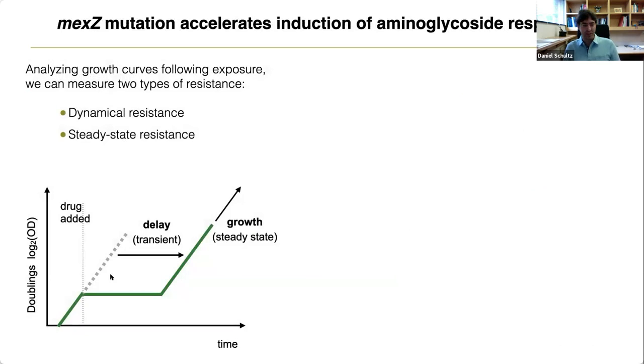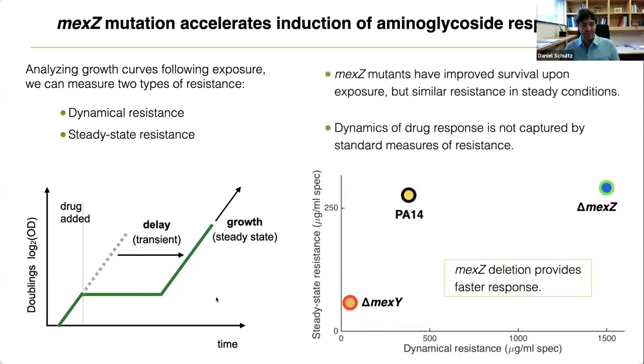So we developed this assay where we have growth curves, and we expose these cultures to a certain drug concentration in the middle of exponential phase, and then what you see is this delay in their growth until growth is resumed, right?